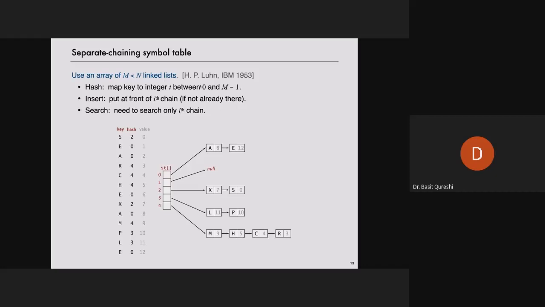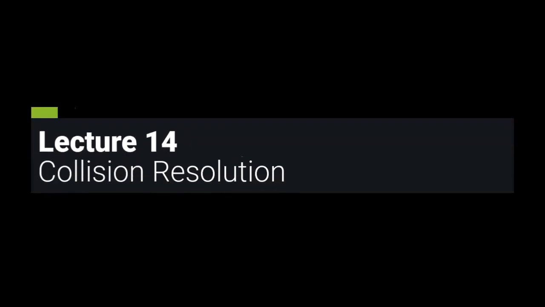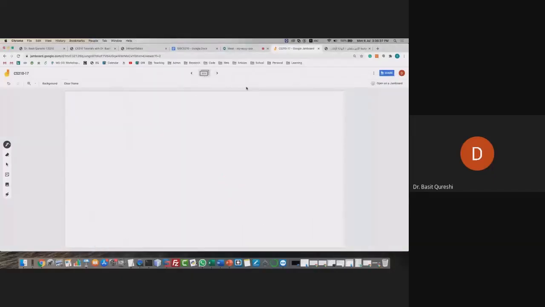Example. Okay, so we're going to have a hash table like this. Again, we have a hash code that's going to tell us where to go.